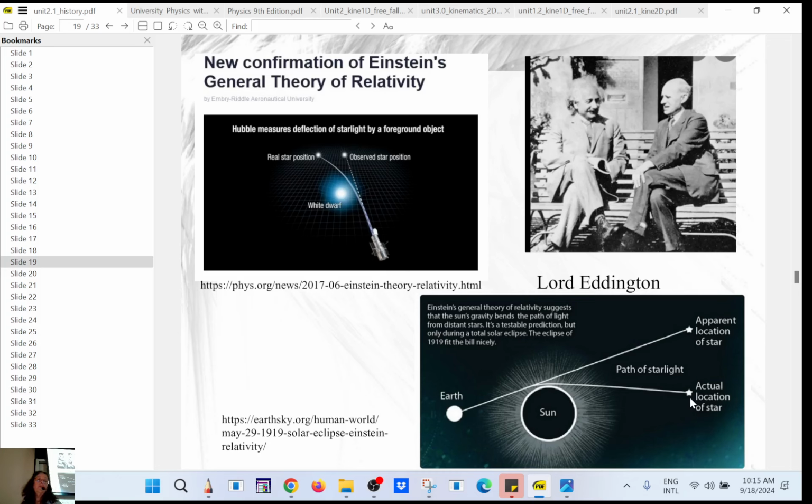So here you have a star behind the sun, relative to us. So you're not supposed to see it. First of all, you're not supposed to see it because in that season the sun is here, so you cannot see it. Plus, you cannot see it because it's behind the sun. However, because space-time is warped, is curved, right?